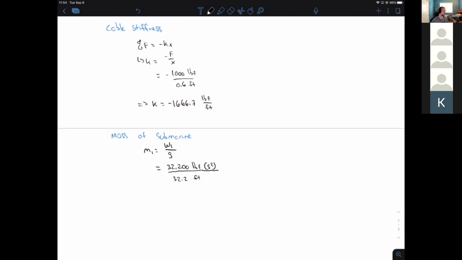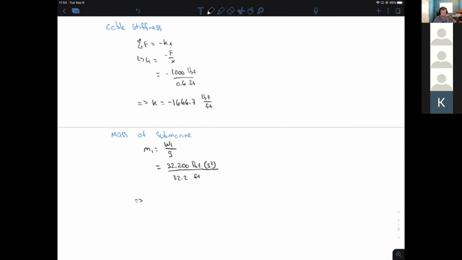So units for slugs is pound force divided by feet per second squared. So M1 equals 10,000 slugs. Beautiful word. Okay. There we go.